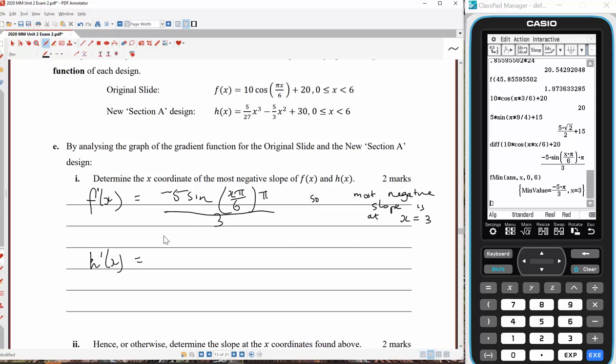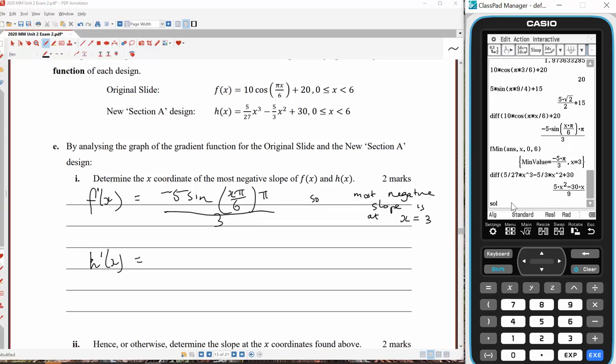All right, now let's do the same thing for this one. So we'll get the derivative function. So diff 5 over 27. So let's write that down. So we've got 5x squared take 30x all over 9.